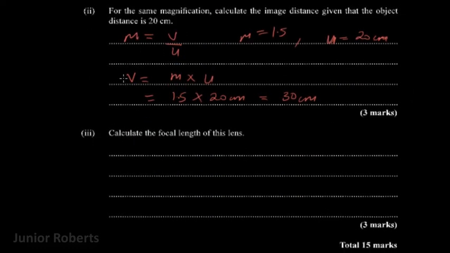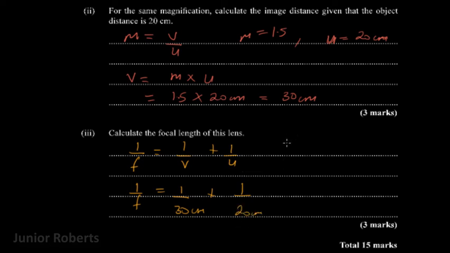This question wants us to calculate the focal length of this lens, so we're going to use the lens formula: 1 over F is equal to 1 over V plus 1 over U, where V is our image distance and U is our object distance. V is 30 centimeters and U is 20 centimeters.